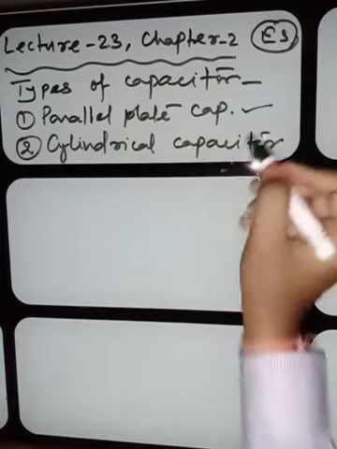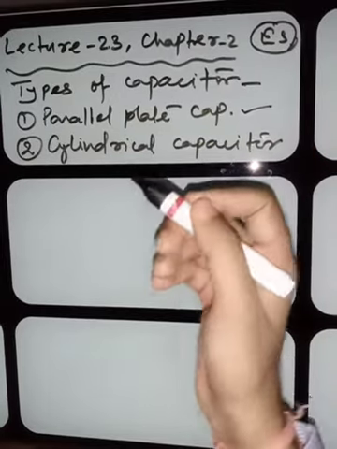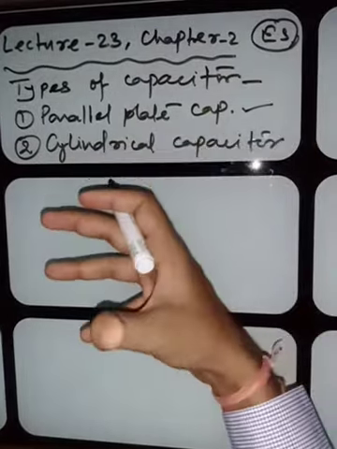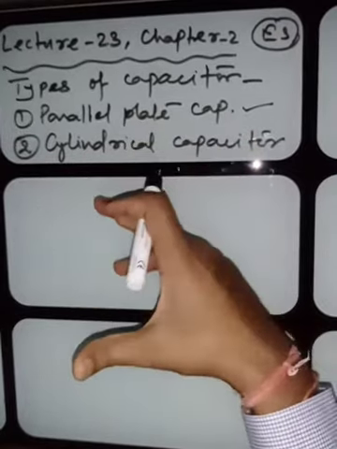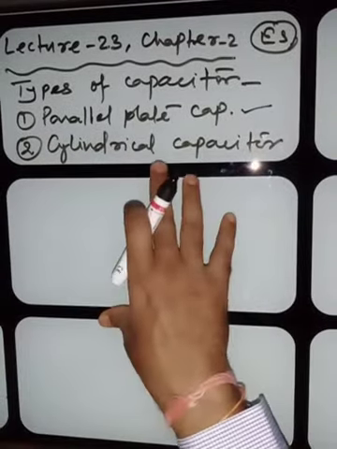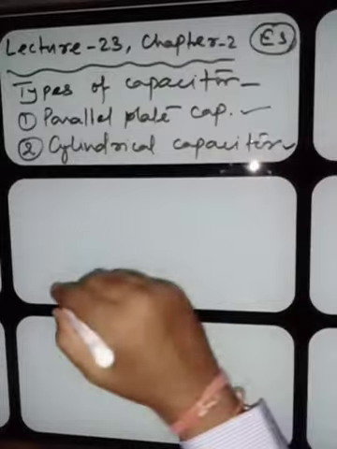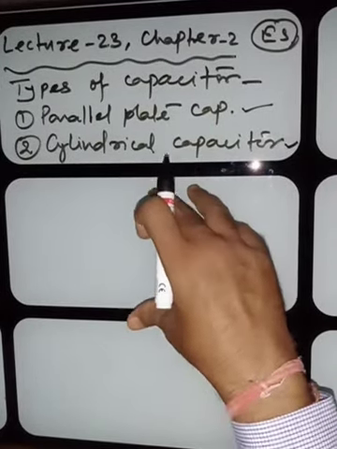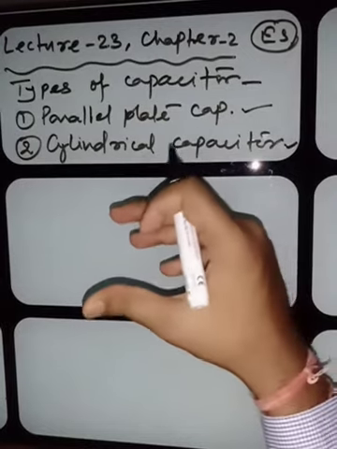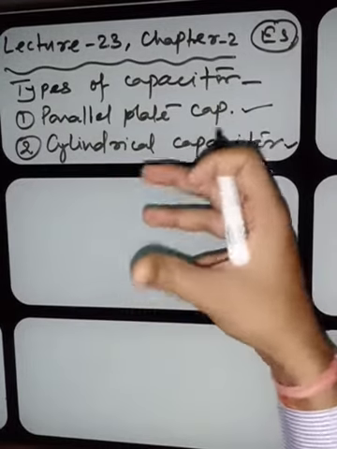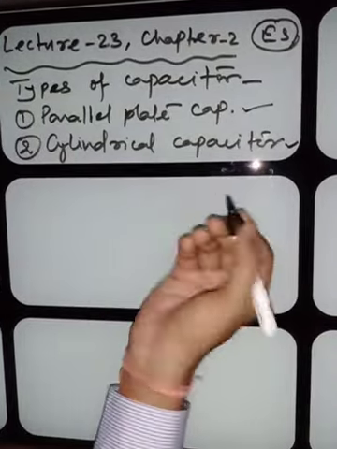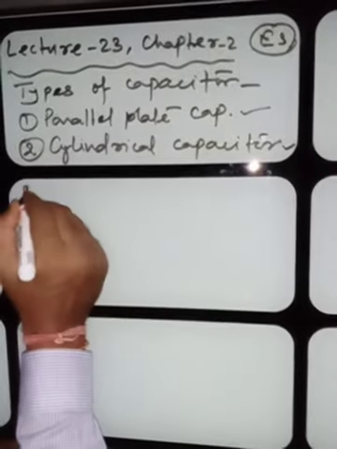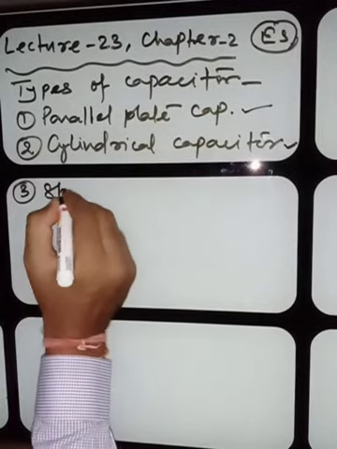This parallel plate capacitor, my dear students, hardly you will find in electronic circuits. Cylindrical capacitor you can see even in your household circuit, like in electric fan, in your water electric motor, etc. Third, it is the spherical capacitor.